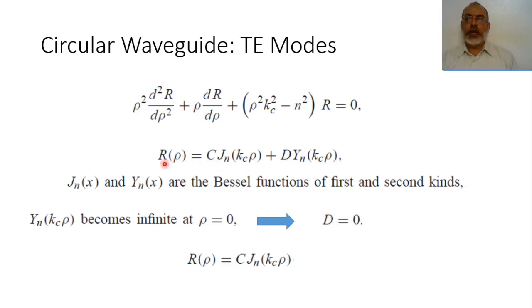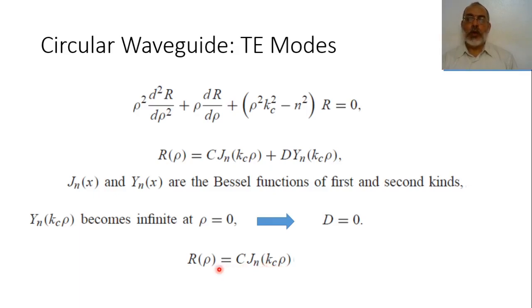So in this case, R is a constant multiplied by the Bessel function of first kind of order n of an argument kc rho.